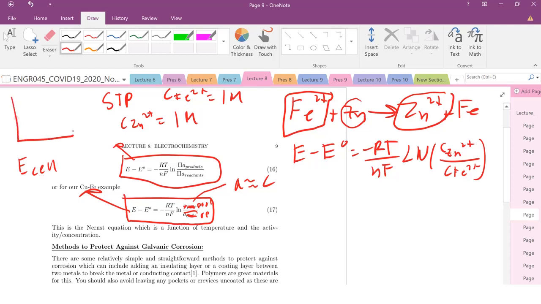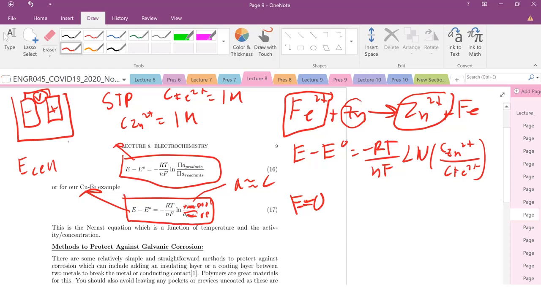So basically, when you have a setup like this, negative, positive, connect them, what is going to be the voltage coming out of that condition? Now, there's a cool idea you could have here. At certain conditions of temperature and concentrations, you can actually flip which material corrodes and which does not. So when E is equal to 0, you can solve for when this is going to flip.